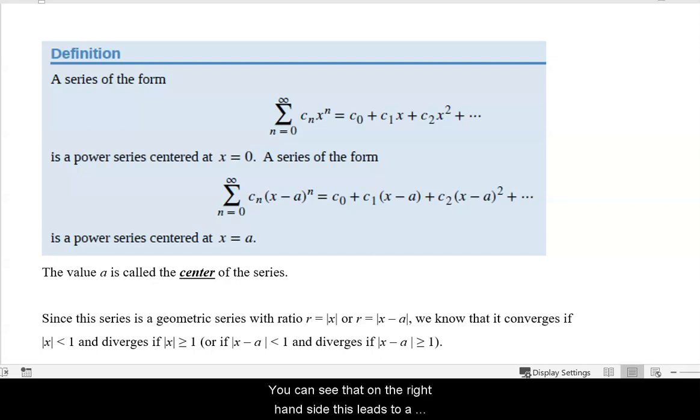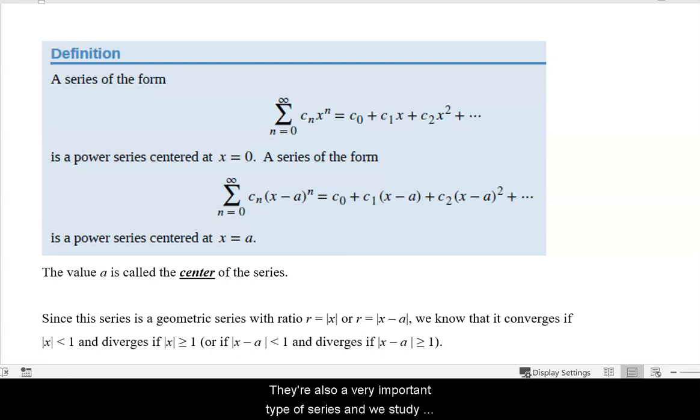You can see that on the right-hand side, this leads to a binomial expansion based on powers of the binomial x minus a. Later, we'll actually look at something called a binomial series, which is a type of power series and which carries certain unique characteristics and properties.